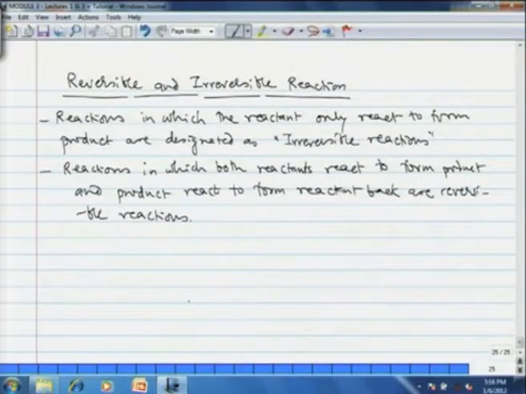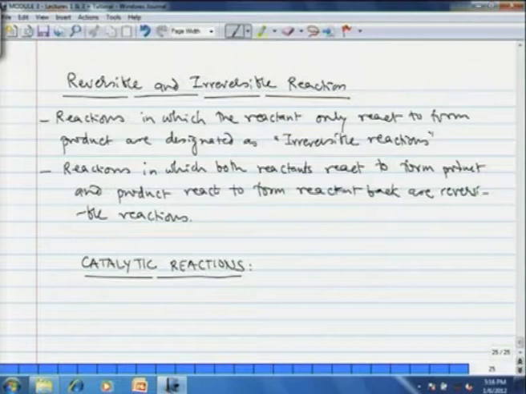Then comes the category of catalytic reactions. Now, catalytic reactions could be classified on the basis of the phase of the catalyst that is used.